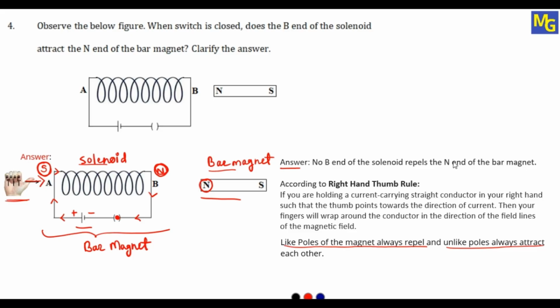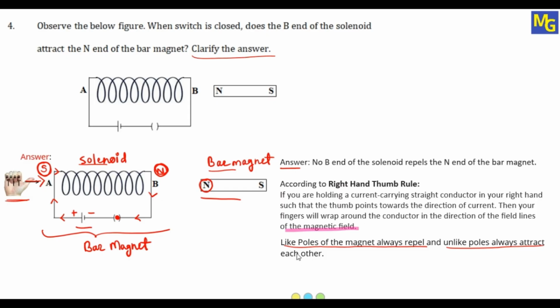And as they have asked to clarify the answer, you have to explain it. You have to give the reason. So you can write according to the right hand thumb rule. Explain the right hand thumb rule here. Write down the right hand thumb rule: if you are holding a current carrying conductor in your right hand such that the thumb points in the direction of the current, then your fingers will wrap around the conductor in the direction of the field lines of the magnetic field.